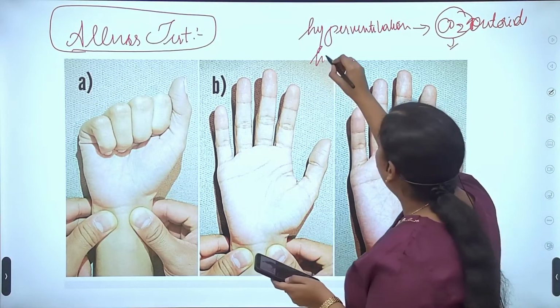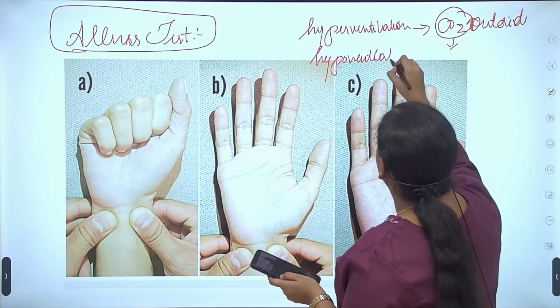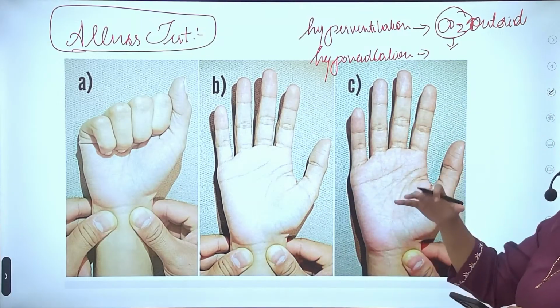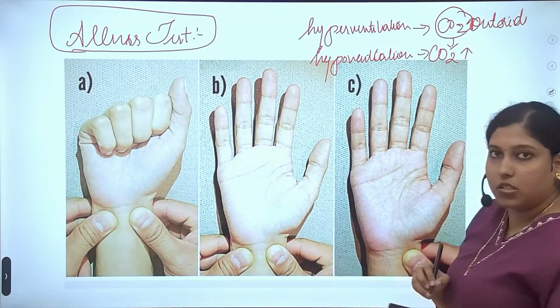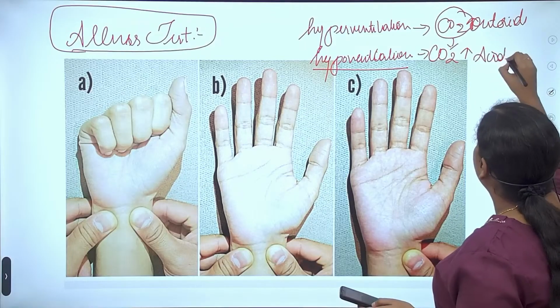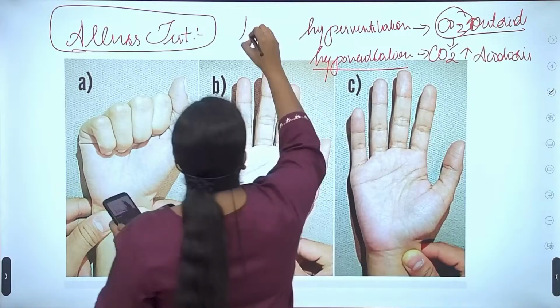And in hypoventilation, what is happening? There will be more CO2 accumulated in the body. The CO2 is more in the lungs. So hypoventilation will cause acidosis, whereas hyperventilation will cause alkalosis.